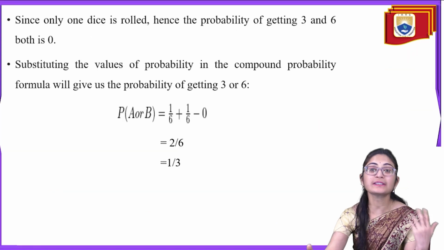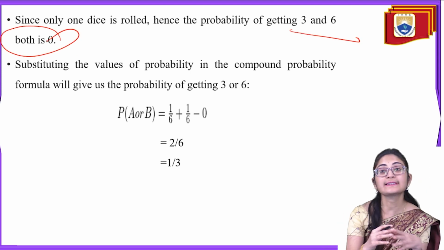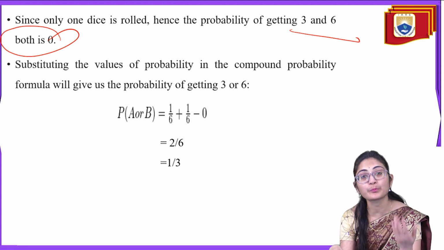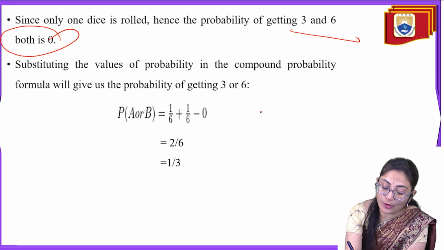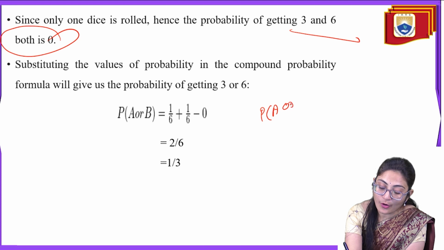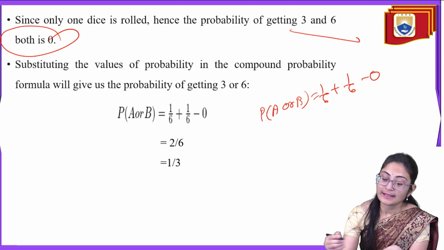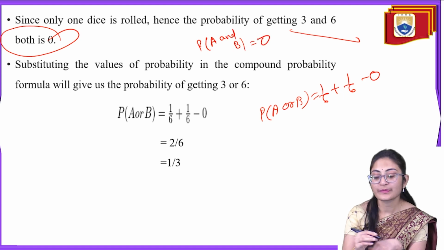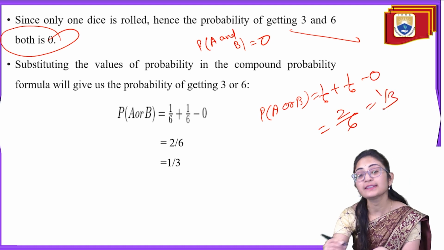Since only one dice is rolled, the probability of getting 3 and 6 both is 0. Substituting the values in the compound probability formula, P of A or B is equal to 1 by 6 plus 1 by 6 minus 0, since probability of A and B is 0. We get 2 by 6, which is 1 by 3.